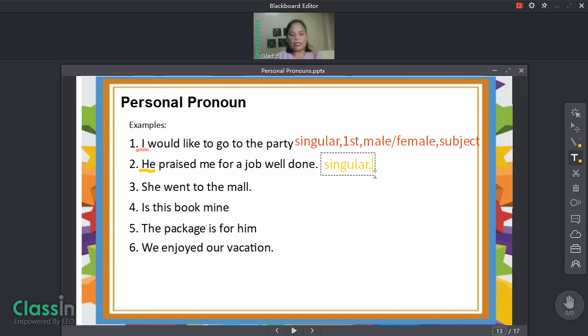This is a third person. Is it male or female? Of course, the gender is male, and it is used as a subject in the sentence.